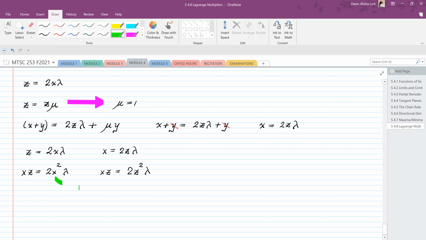So these two equations have to be equal. So I get 2x squared has to equal 2z squared. So x squared is equal to z squared. So now I have that much information.